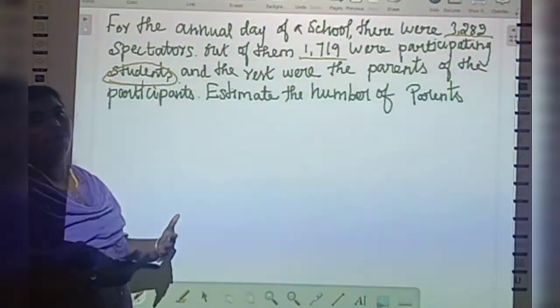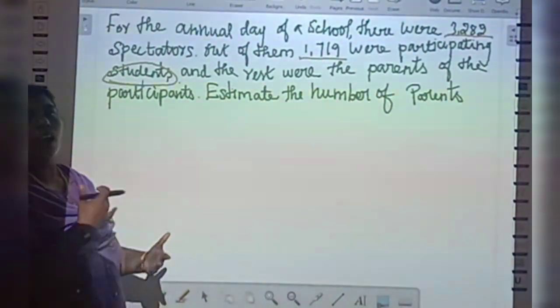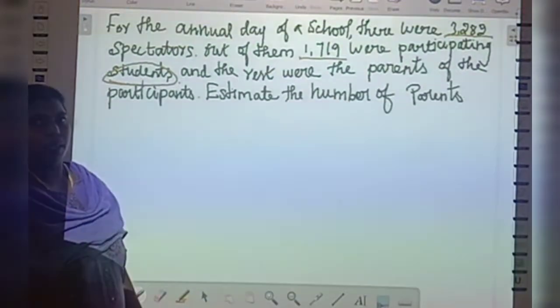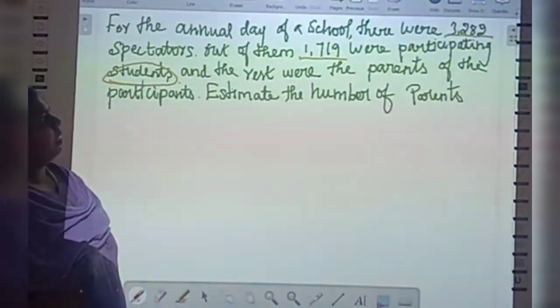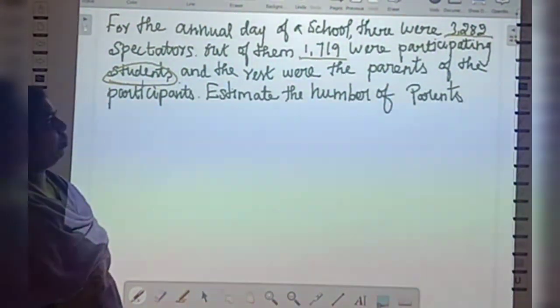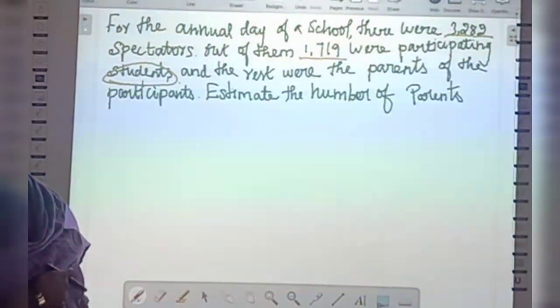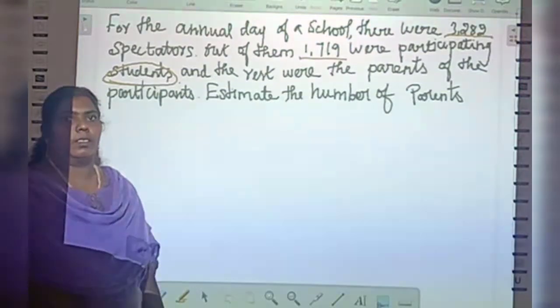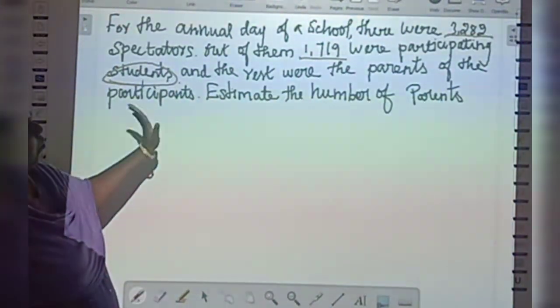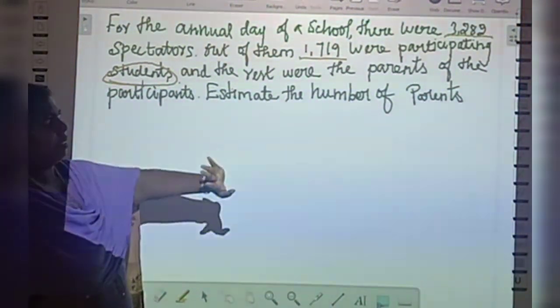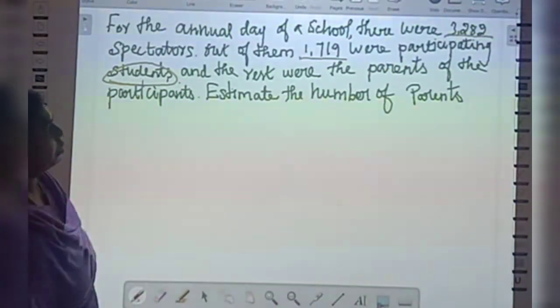So, for the remaining parents, we are going to calculate how many parents are participating. Do you understand the question? Yes. Actually, first, we have to write this total number of spectators. Okay.